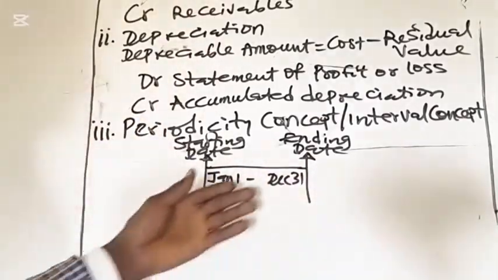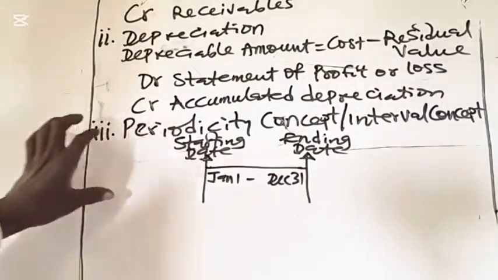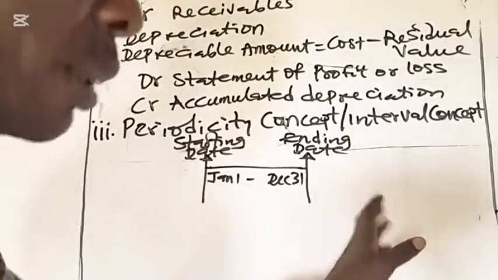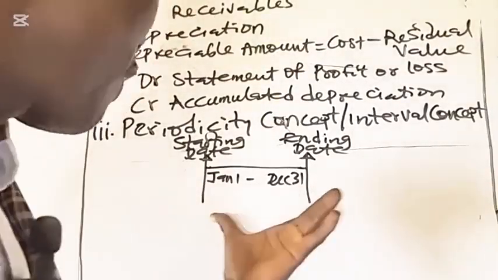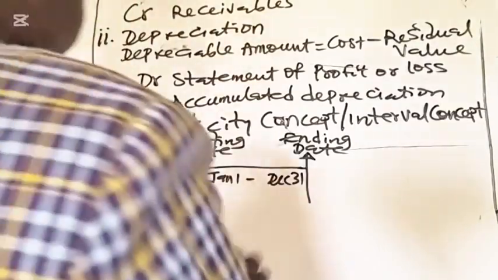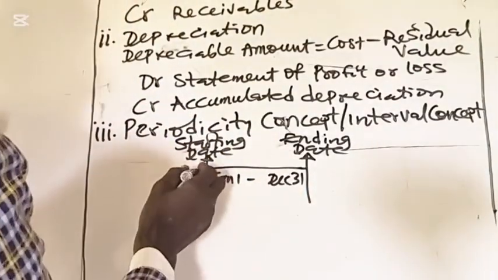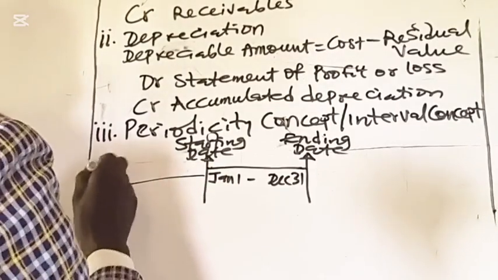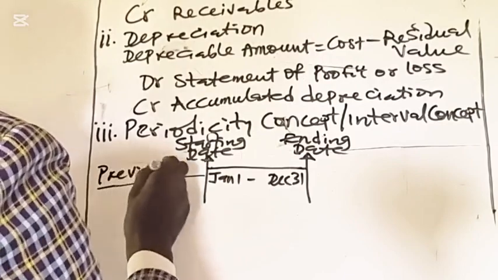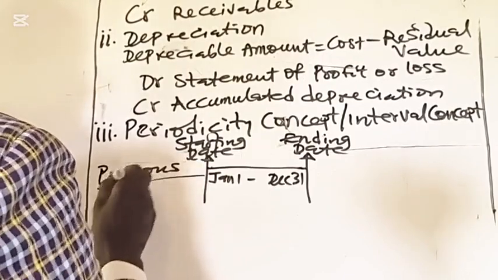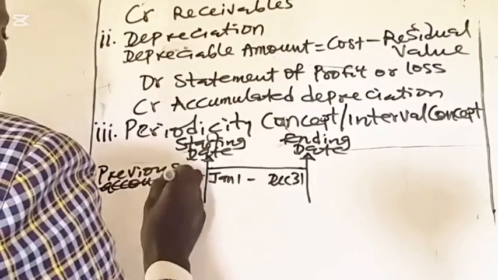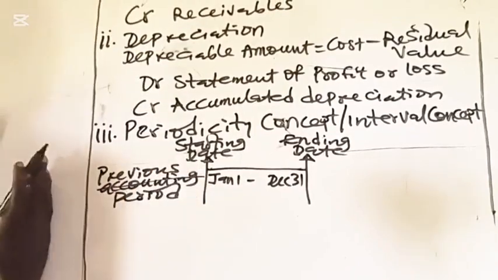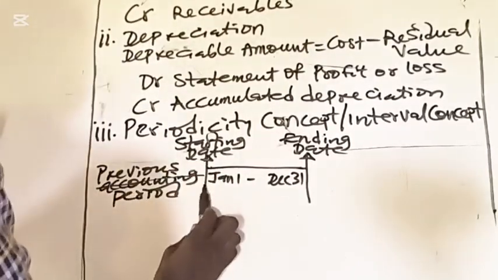So accounting period is the period that is covered by the financial statements. I want you to bear this in mind. Anything outside this date is the previous accounting period. The accounting period starts from here.